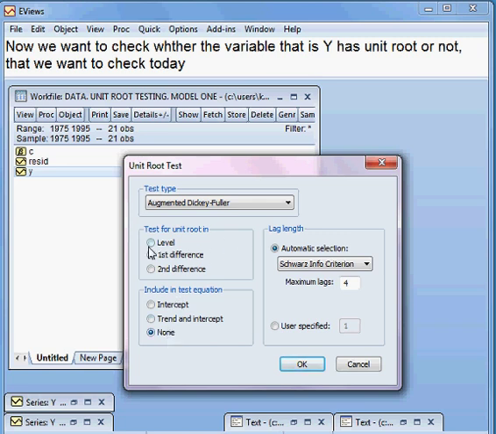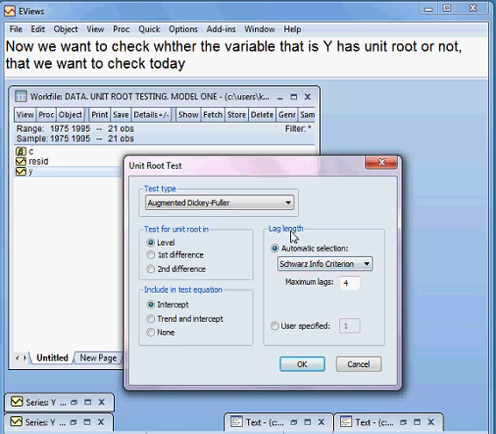First I choose at level, meaning the data is at level, and then I choose the first one, intercept, meaning that this model has only a constant. Here I choose automatic selection by Schwarz information criterion.